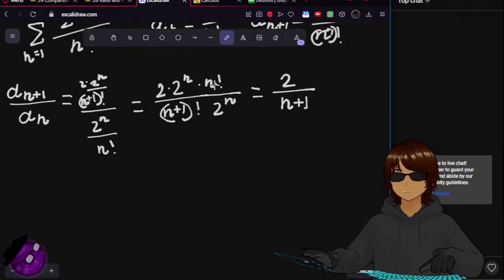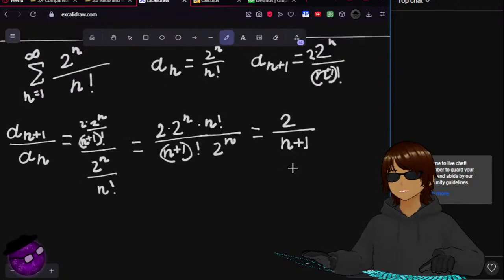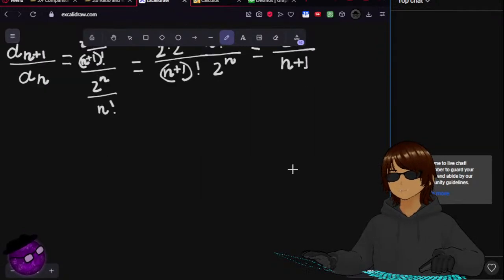These two cancel, n factorial and n factorial cancel. We are left with 2 over n plus 1.